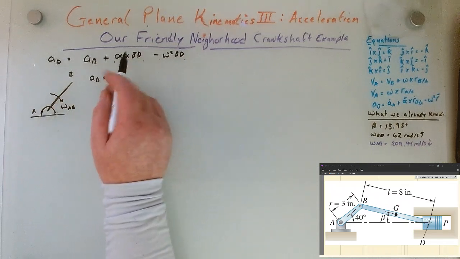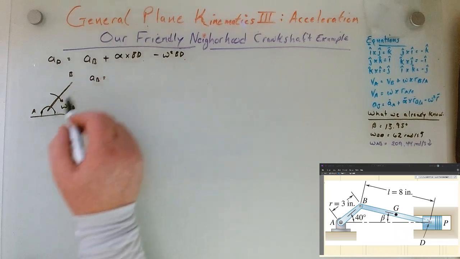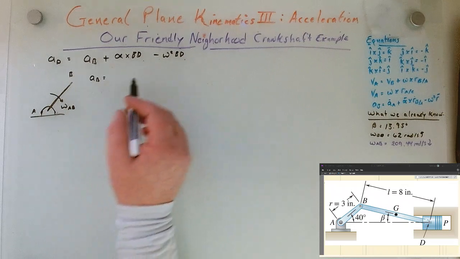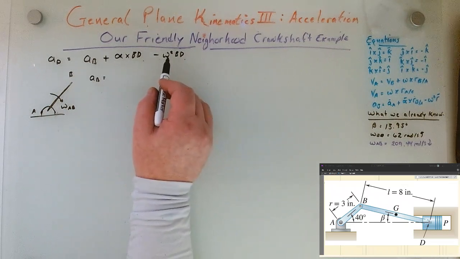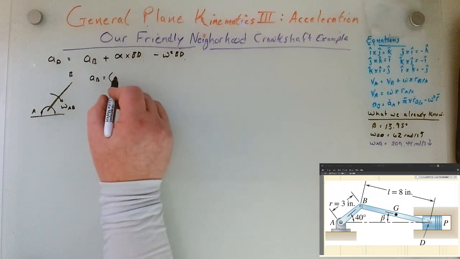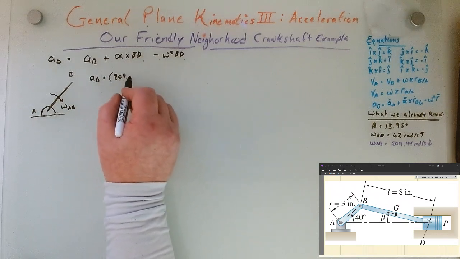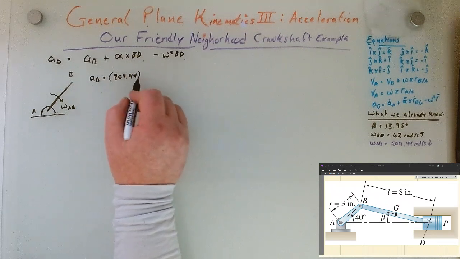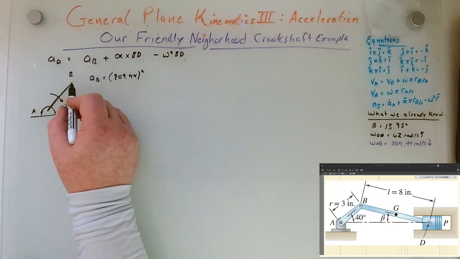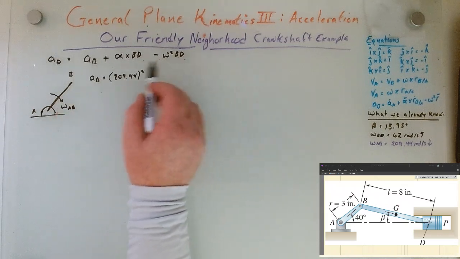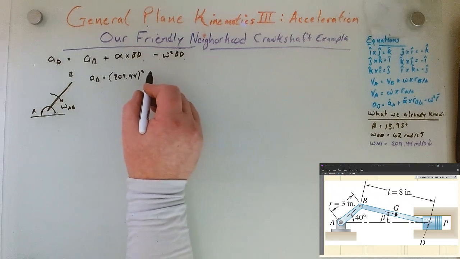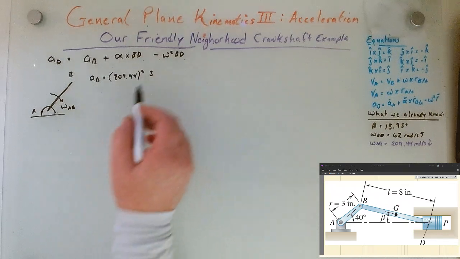We are given that the angular acceleration is constant, so that part doesn't exist, and so we have omega squared times AB. Omega squared is 209.44 squared, and the length is 3 inches.